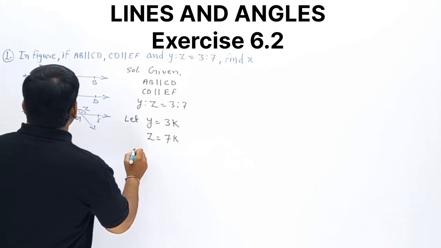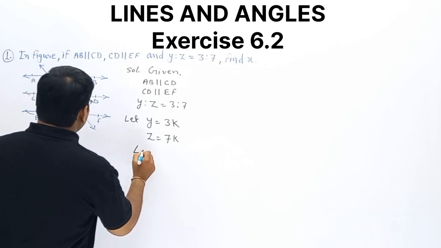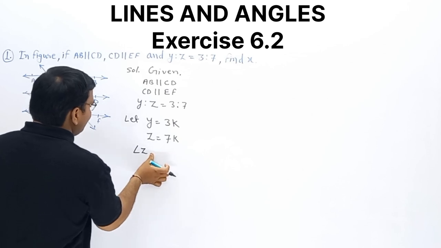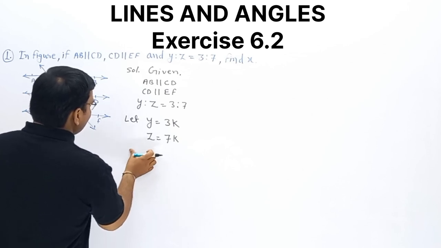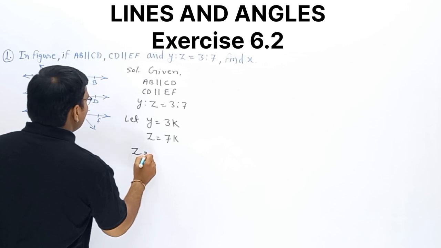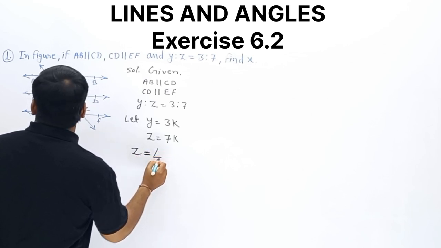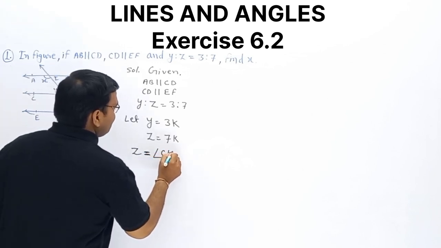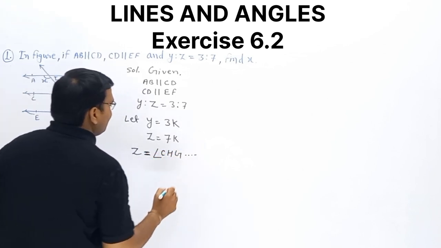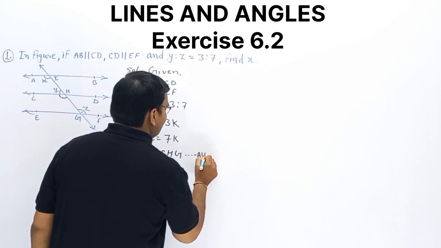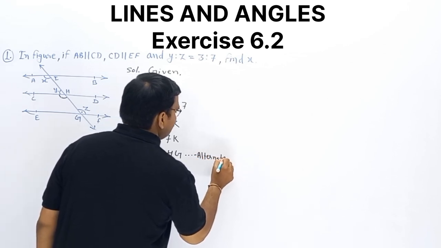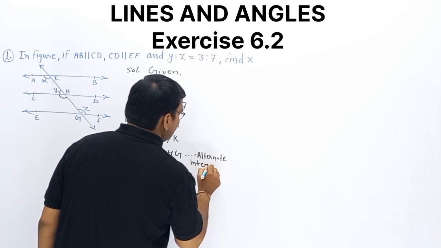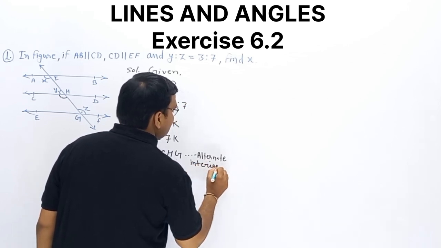So what we can say, angle z equal to angle CHG. And these are alternate interior angles.